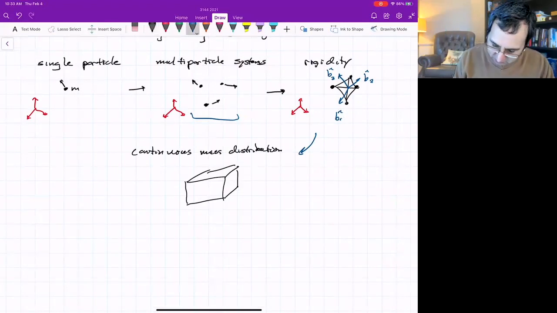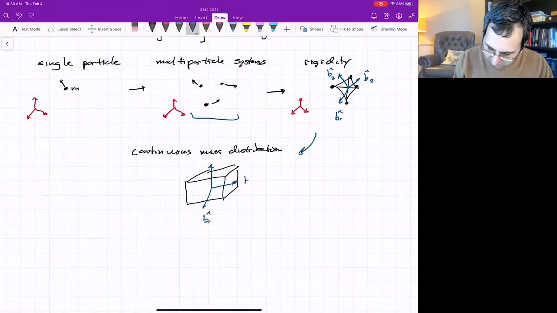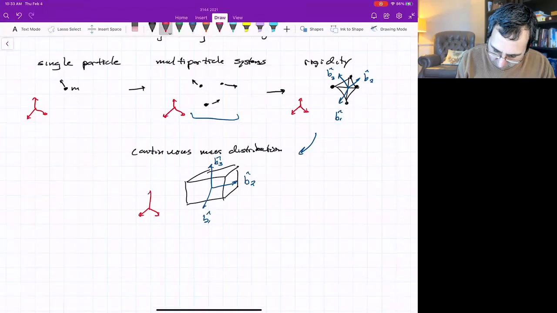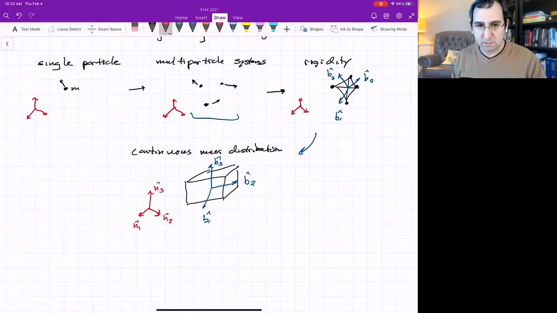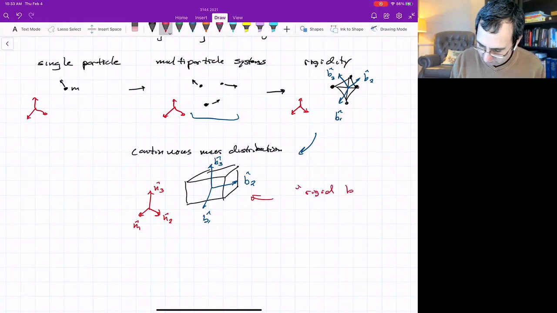So we've got a continuous mass distribution, still with the idea of a body-fixed frame that is moving. Mostly the hard part will be how the orientation or attitude is changing with respect to an inertial frame, so how those B unit vectors are changing with respect to the N unit vectors. And let's be a rigid body.